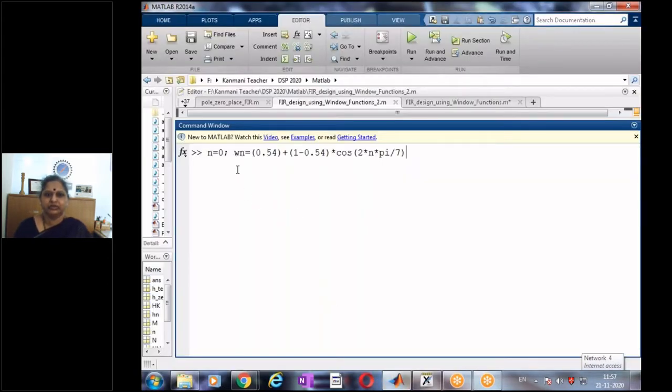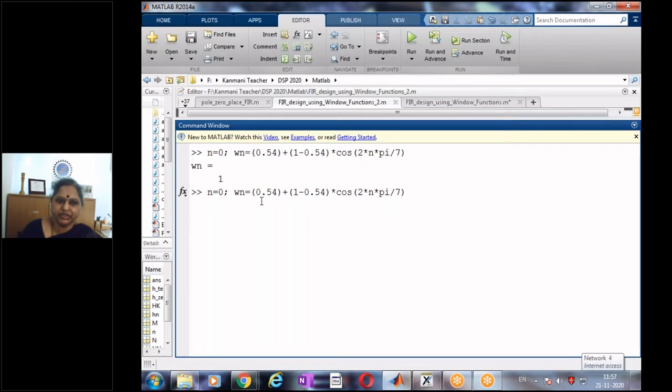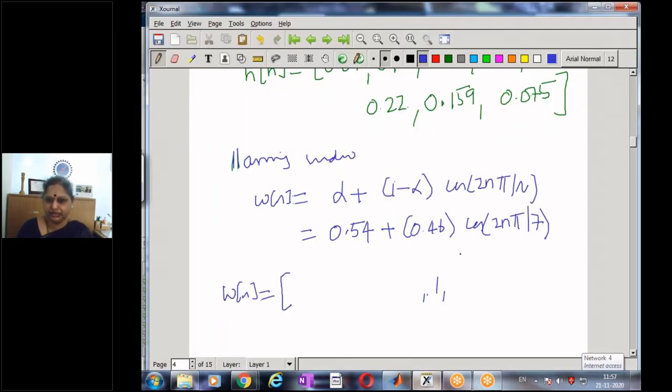I've typed my equation, that is 0.54 plus 0.46 cos 2 n pi by N. So let me put n equal to 1 and see what my window coefficient is. It becomes 0.82, and by symmetry I can write plus and minus 1.